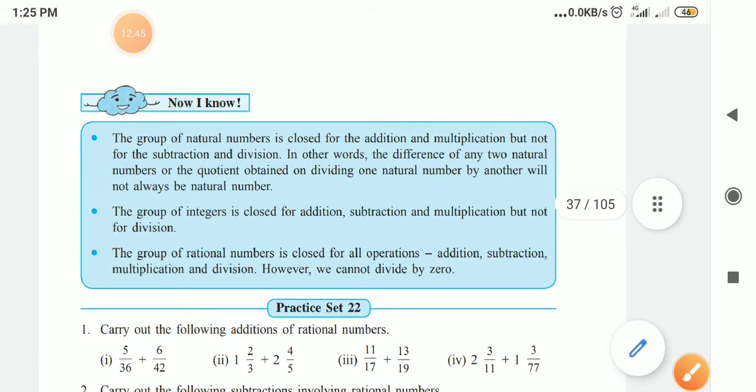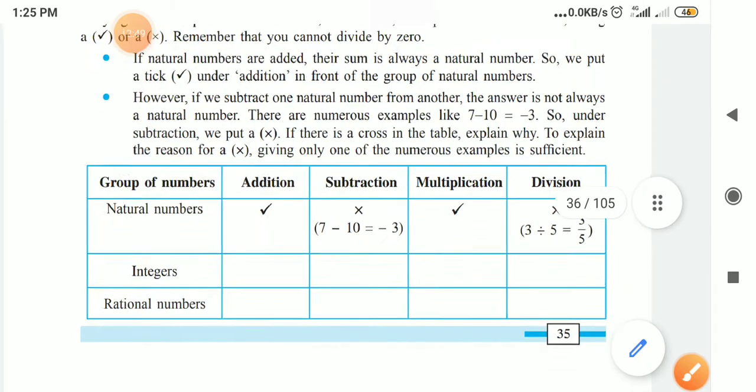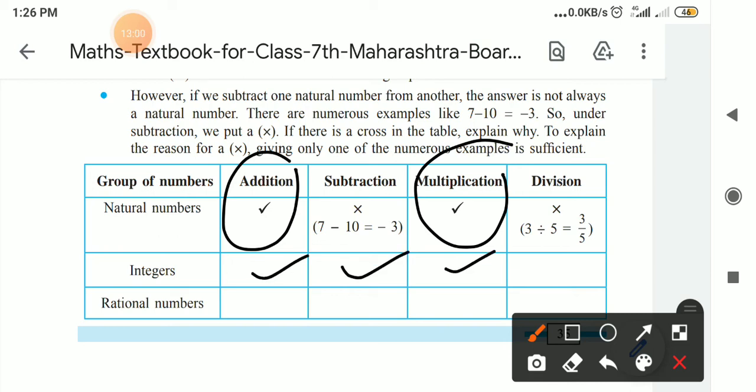From these three rules, for natural numbers the answer is a natural number if you do addition and multiplication, but for subtraction and division it is not. For integers, addition, subtraction and multiplication keep the group closed, but for division it does not. And for rational numbers, for addition, subtraction, multiplication and division, the group is closed.